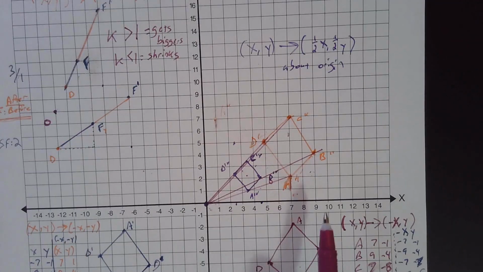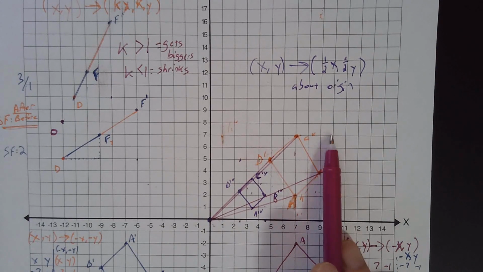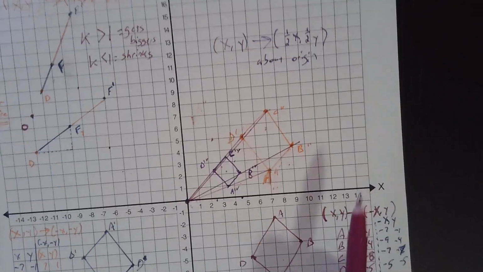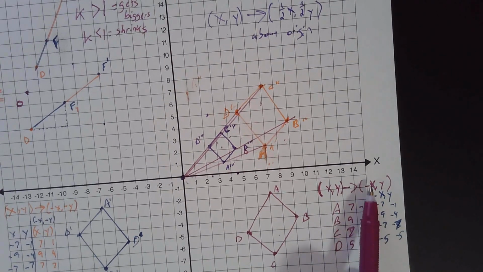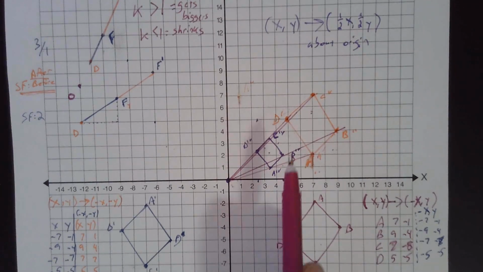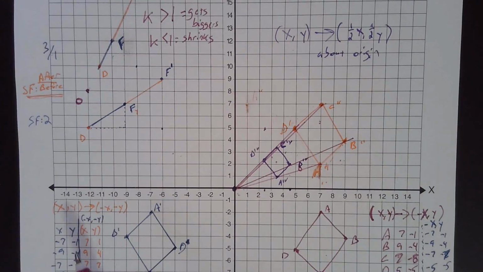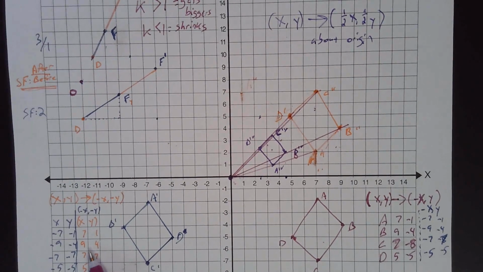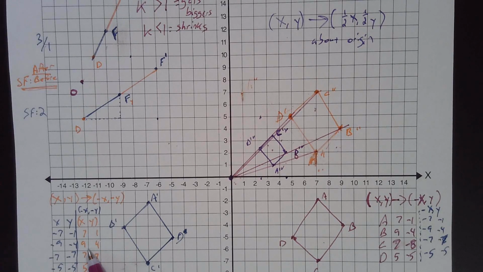And you could have done this algebraically too, up here on paper. You just put the table up here, and your function would be 1/2 and 1/2, and you take these points like I have here, and it would be 7.5, and 4.5 and 2.